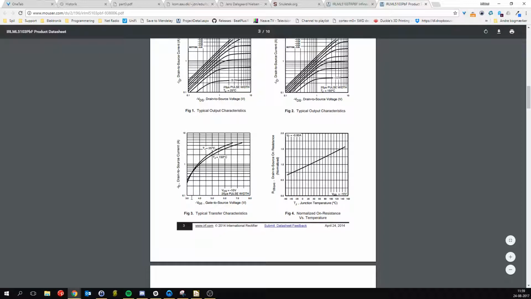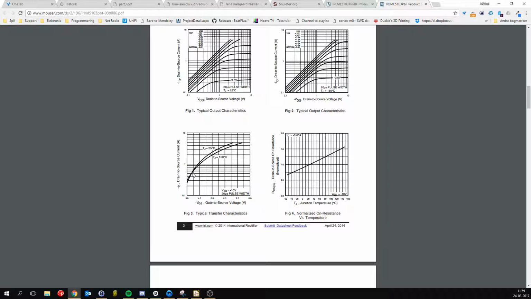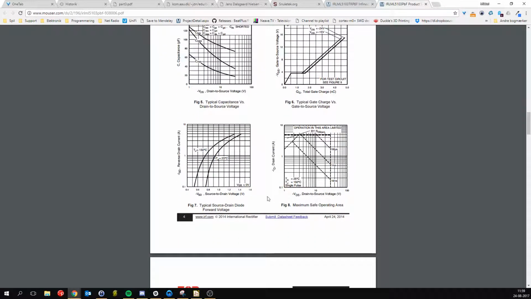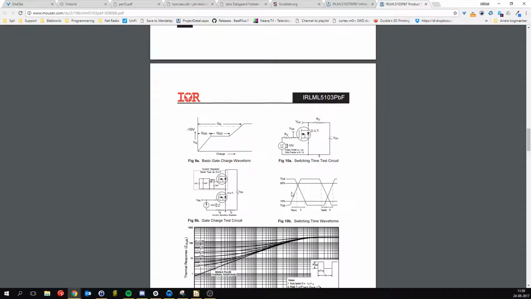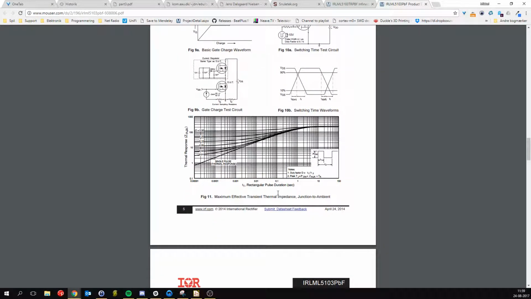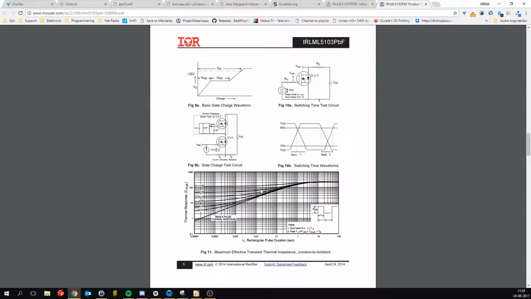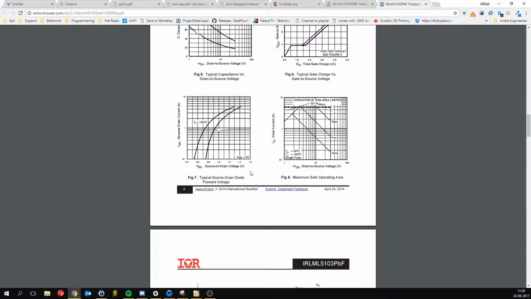Actually, let's say it's a 3.5 volt gate. Does that have a graph of our RDS(on)? Huh, that's a bit weird, though it's not too uncommon.